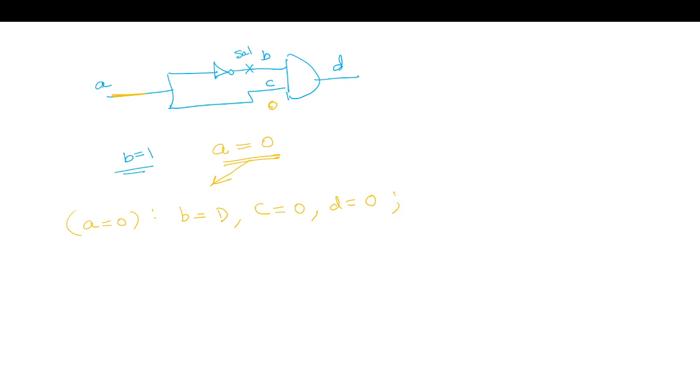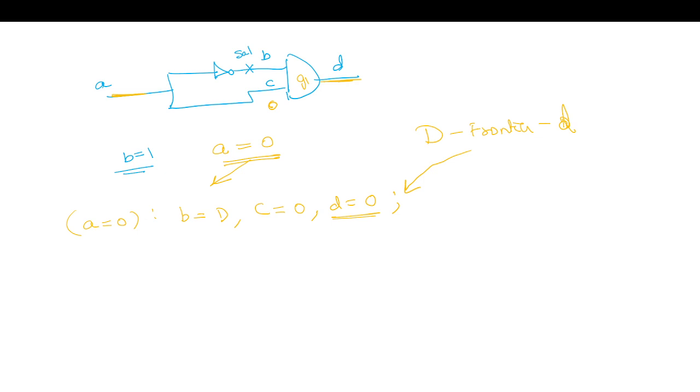That means now the D frontier had only this gate, this path, with D in the D frontier, but we got D equal to 0. That means there are no other paths. Okay.